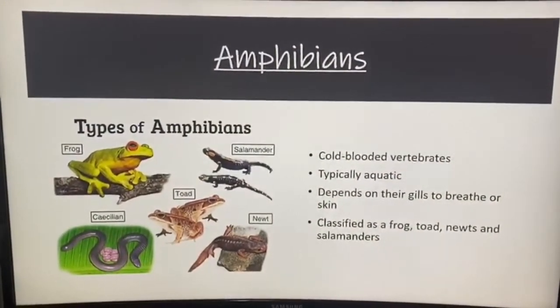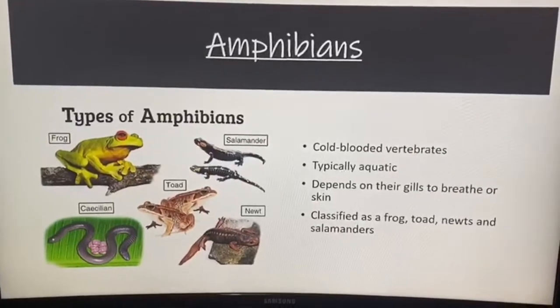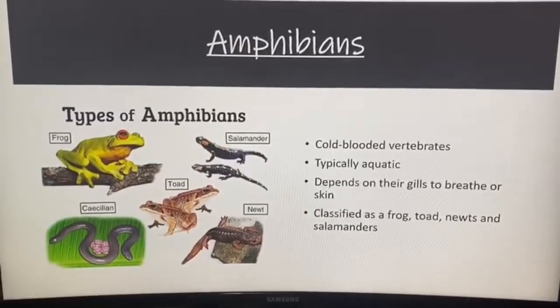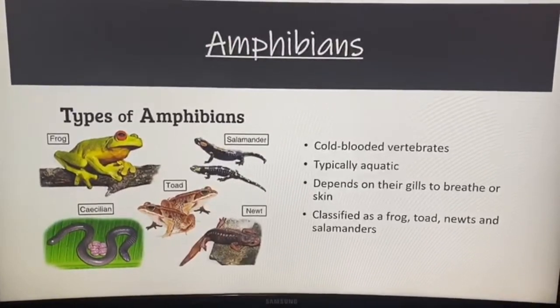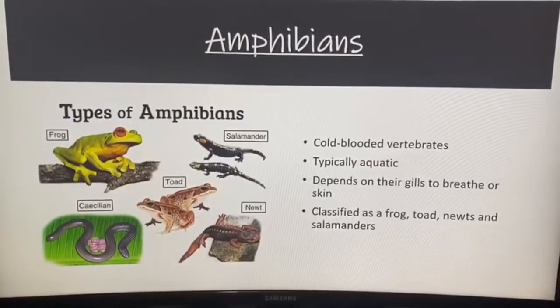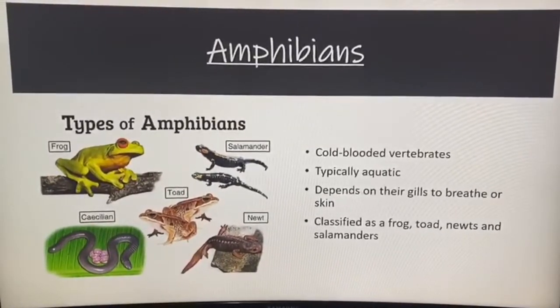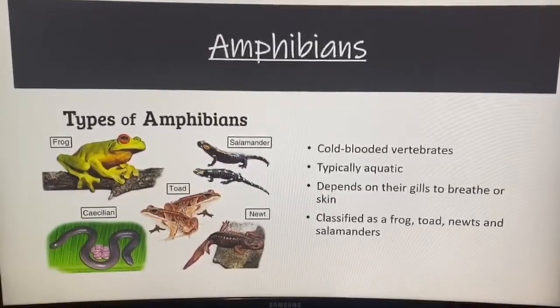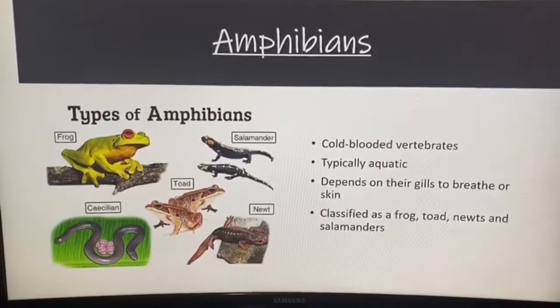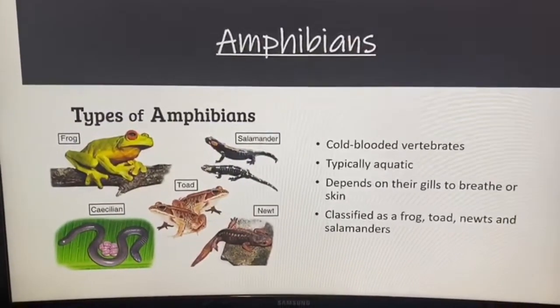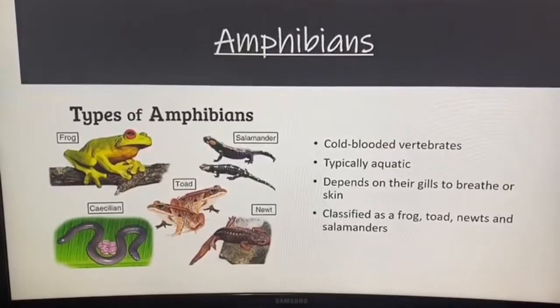Amphibians. Amphibians are cold-blooded vertebrates. Typically they live in water, so they're aquatic. They depend on their gills to breathe, or also breathe through their skin. They're classified as frogs, toads, newts, and salamanders. You see them a lot in lakes, typically when you go fishing with your family.